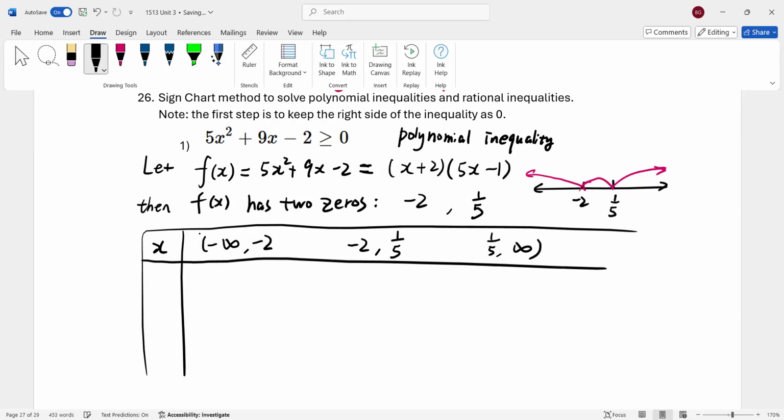We know for interval notation, if the endpoint is infinity or -infinity, we use parentheses, right? What about the other endpoint? What if the endpoint is a constant, here -2, 1/5? Should we use parentheses or a bracket?